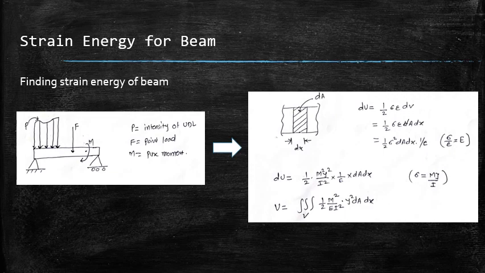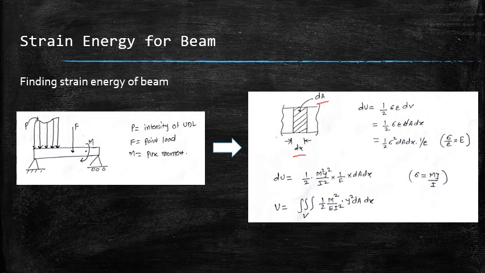Now consider a very small beam element of length dx and having area dA. Basically, this is a three-dimensional beam element in which you can see its small length dx, and area dA can be seen either from left or right hand side view.